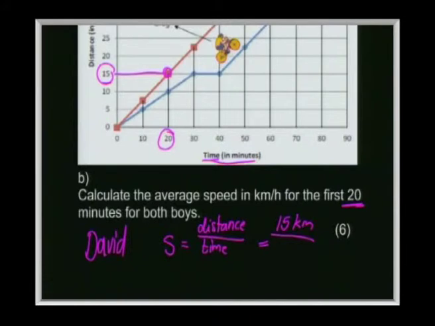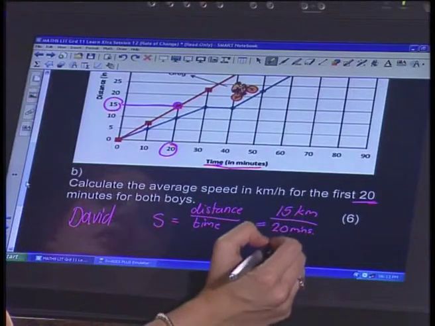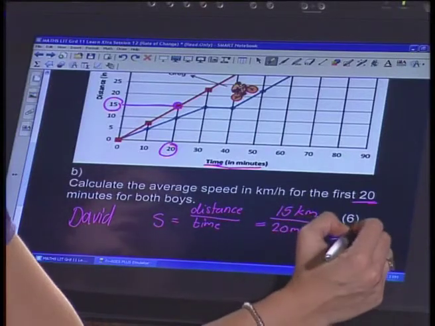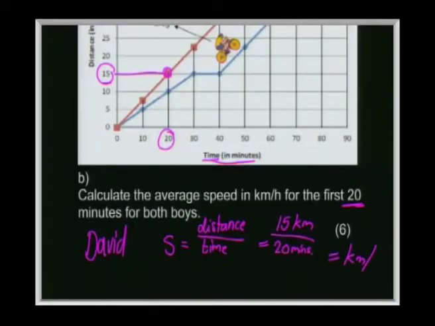And the amount of time that he did it in was 20 minutes. Now have a look at this equation that we've got here. If we say kilometers divided by minutes, our answer is going to be in kilometers per minute. But we actually want our answer in kilometers per hour. So I'm going to show you how to do that.